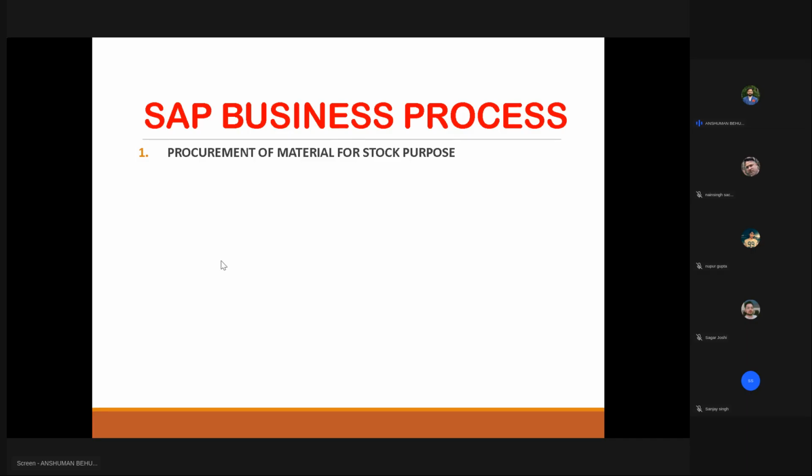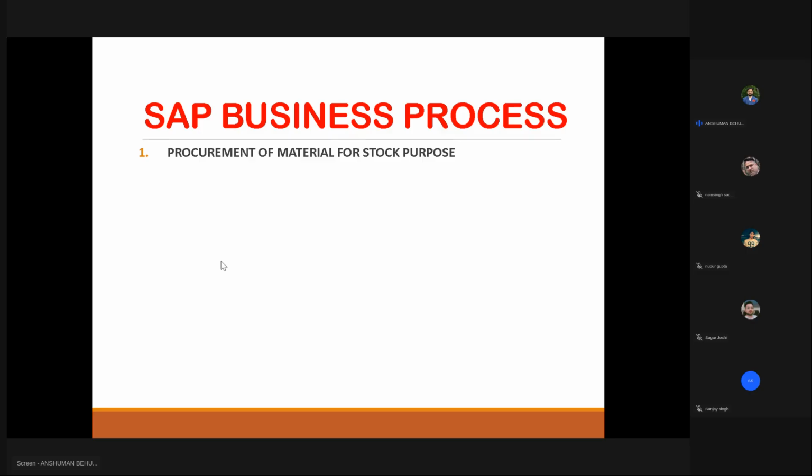This is a standard way of purchasing, or standard way of procurement, when we buy some material and we store it.